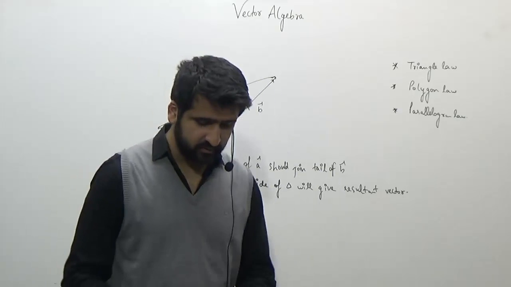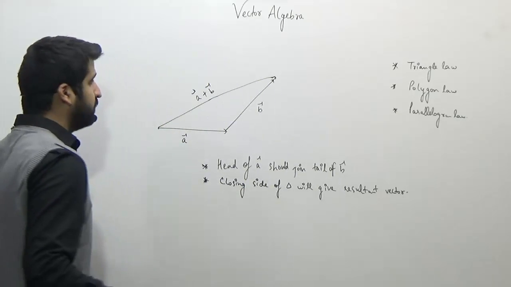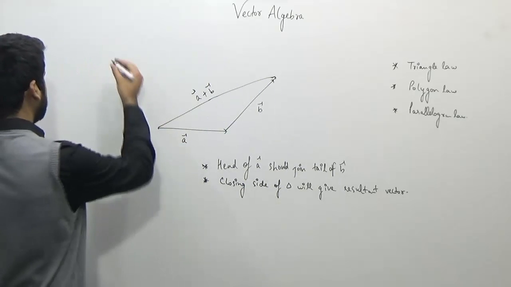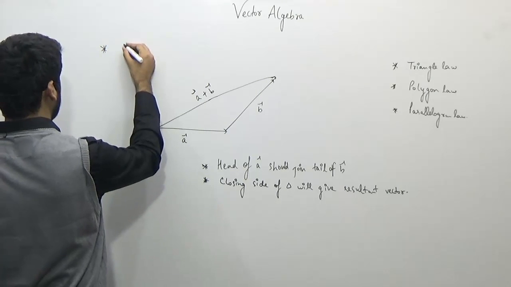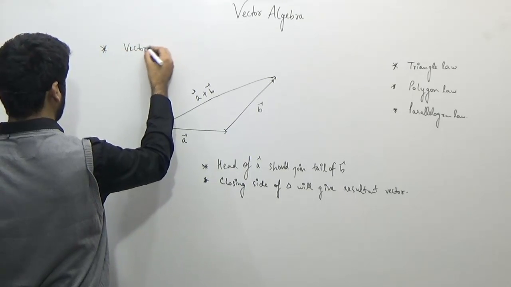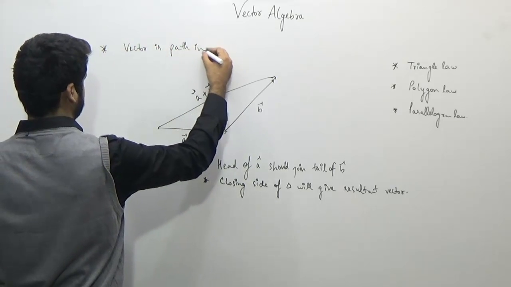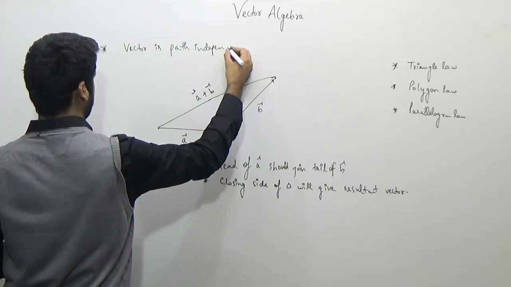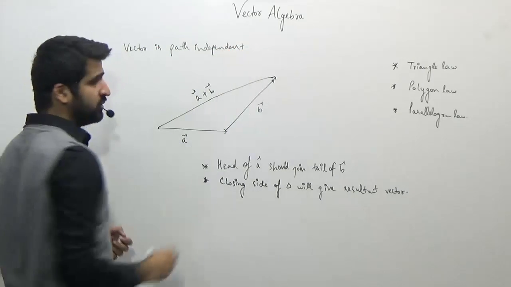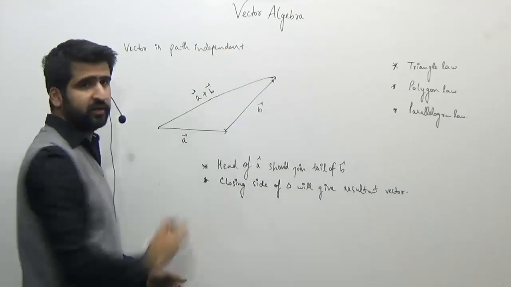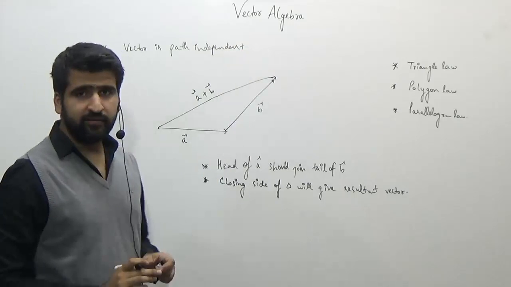Next let's discuss the polygon law. But first write one thing, that a vector is path independent. The vector does not depend on the path it took for adding A vector and B vector.